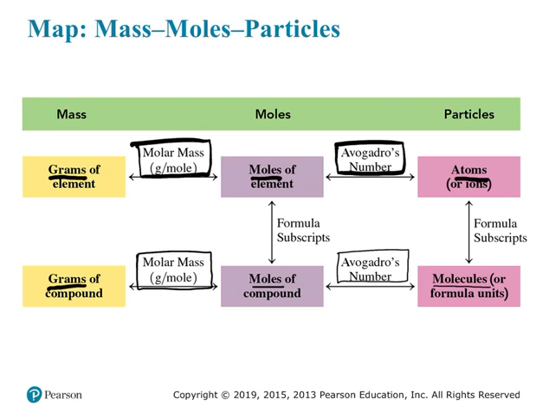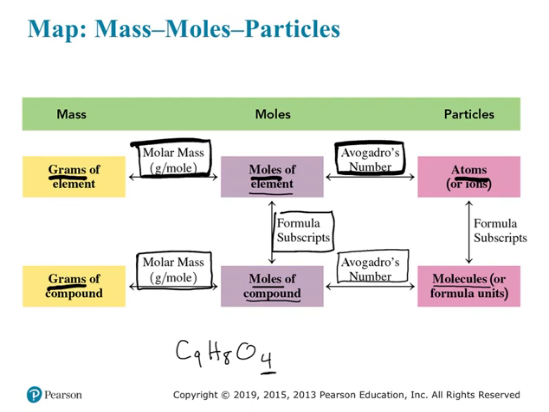We also saw previously that you can convert between moles of an element and moles of a compound using subscripts. So for instance, we saw the example with aspirin, and we could convert to moles of oxygen, knowing that there are 4 moles of oxygen for every 1 mole of aspirin.